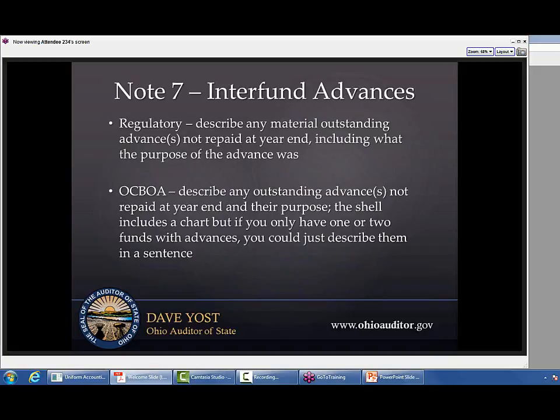If we had an advance that we expected to be repaid, we advanced it from the general fund to the cemetery fund, and the cemetery fund did not repay that at the end of the year, then you will need to have note disclosure in both the regulatory and the OCBOA describing that the advance was still outstanding and that it was made from the general fund to the cemetery fund and what the reason was as to why the advance was made.